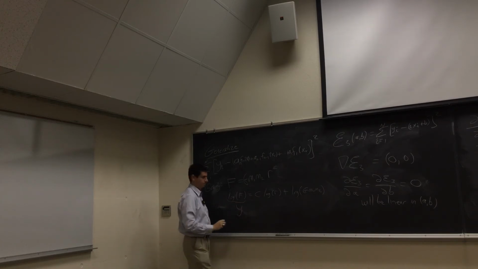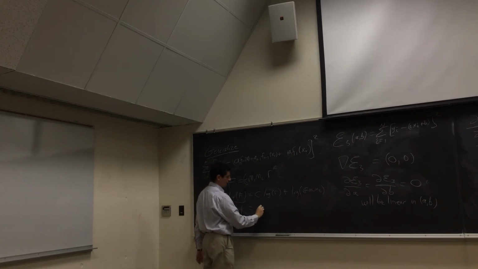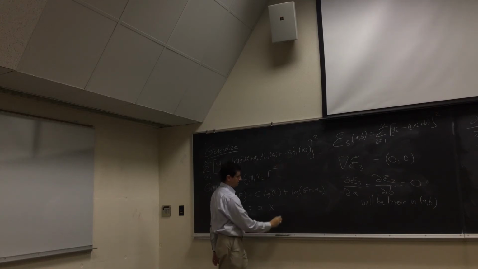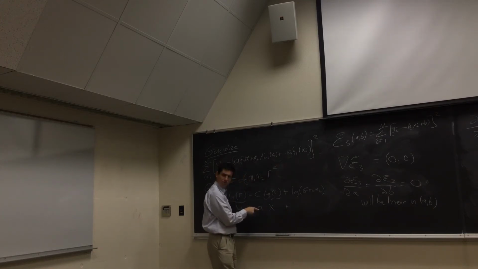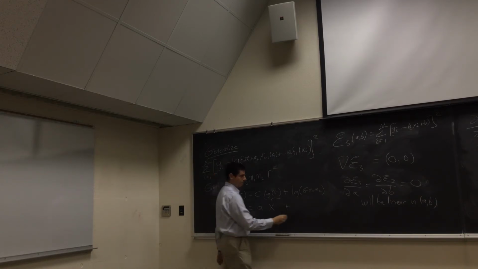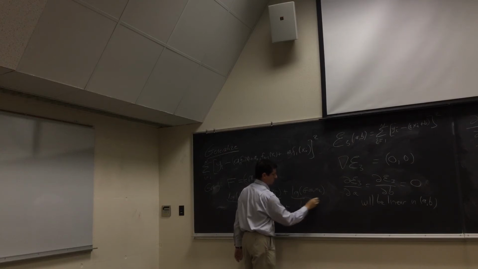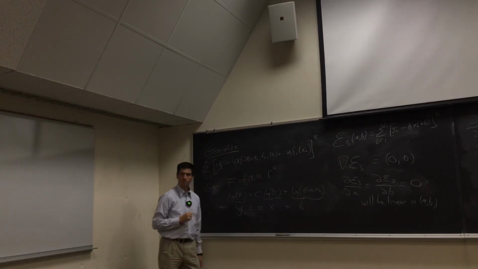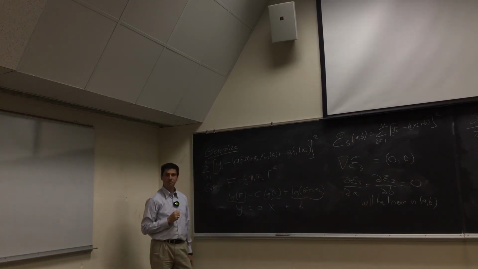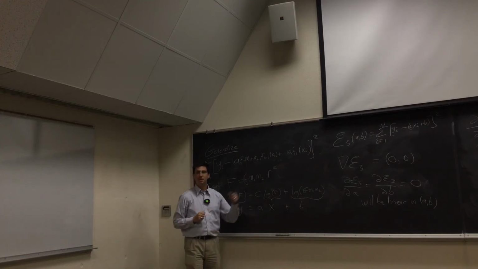Here's your y. Here's your a, x. I'm sorry. Was I calling this b before? Doesn't really matter. There's your ax plus b. And now you can apply the method of least squares to find the best fit values of a and b.